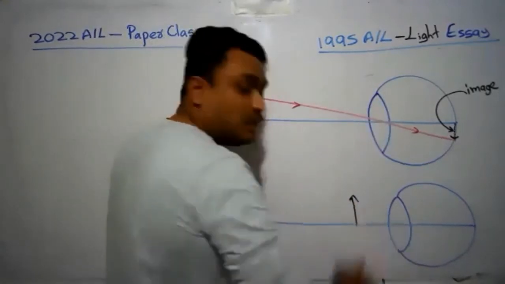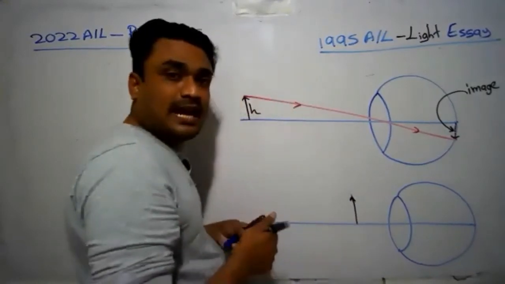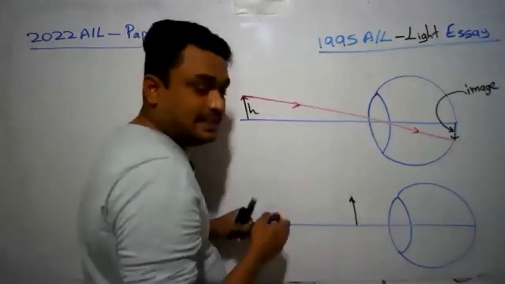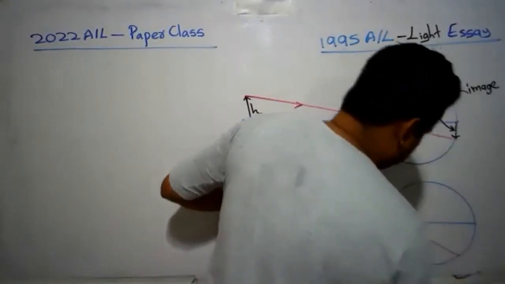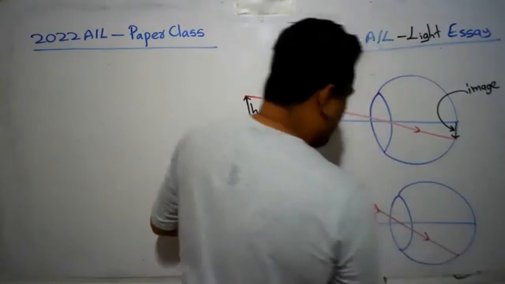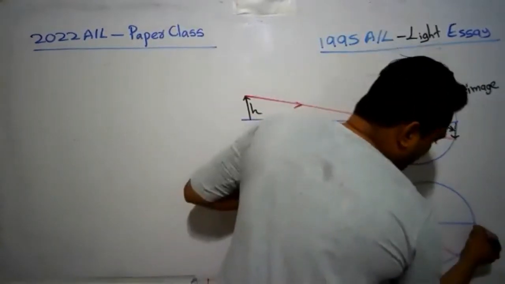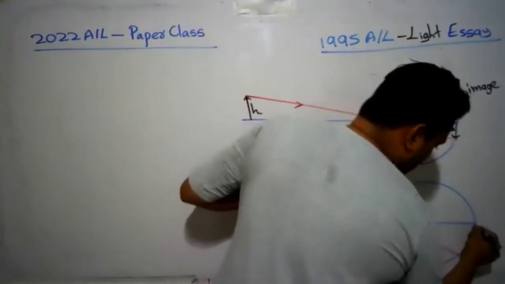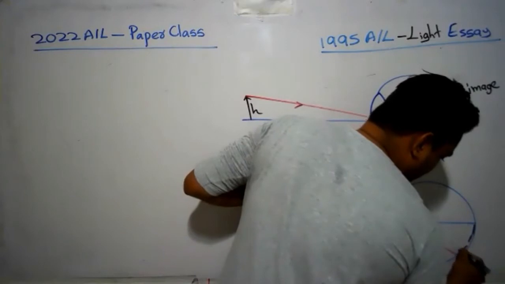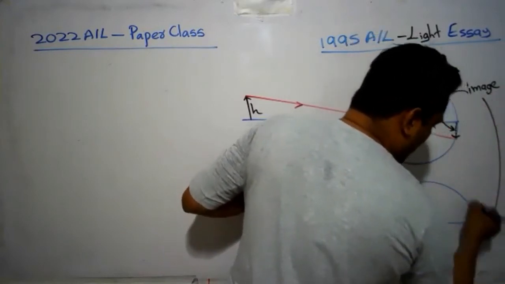The new gap is only 3 centimeters. Then what will happen? As earlier, let's take a light ray which goes through the optical center. Now, what has happened to the size of the image? The size of the image formed on the retina is now larger.